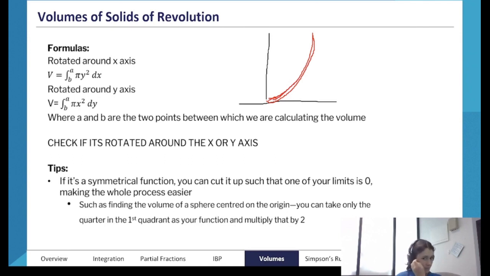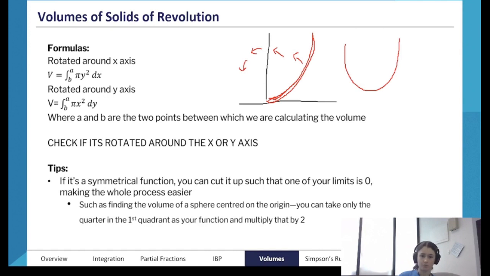If we had a parabola, instead of just finding the area underneath this curve, what would happen if we rotated this around the y-axis? We would be left with a bowl shape, like this, but of course all shaded in.